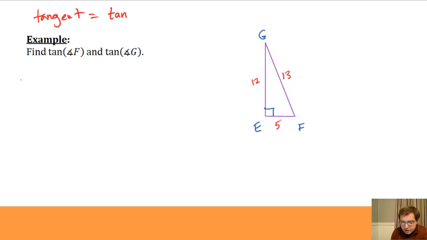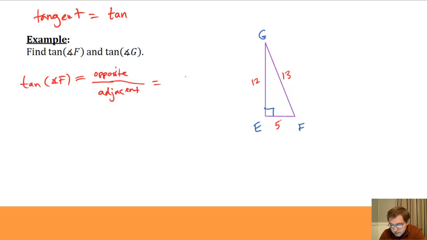If I want to find the tangent of angle F, the tangent of angle F equals, it's a fraction, a ratio of the leg opposite angle F, so I'm going to write that out: opposite over adjacent.